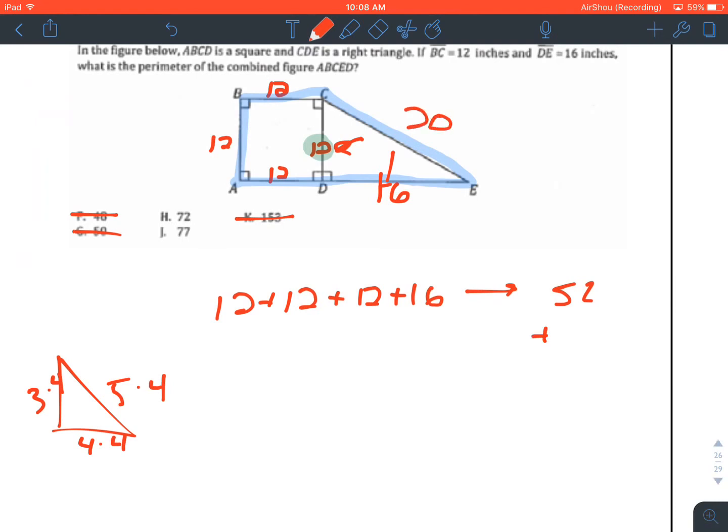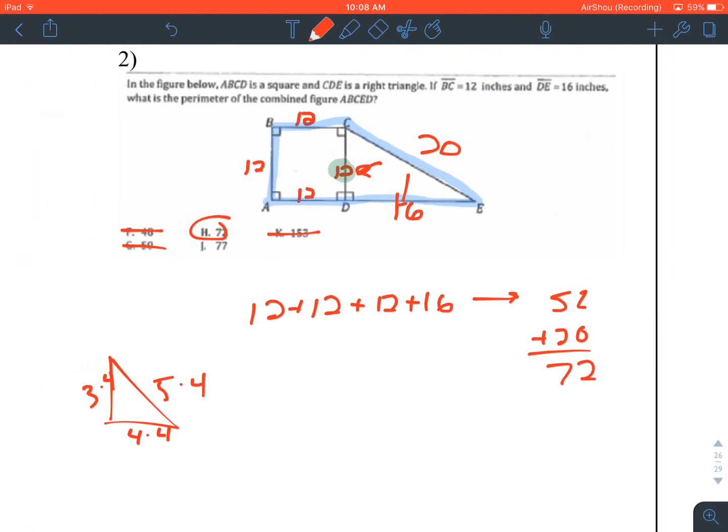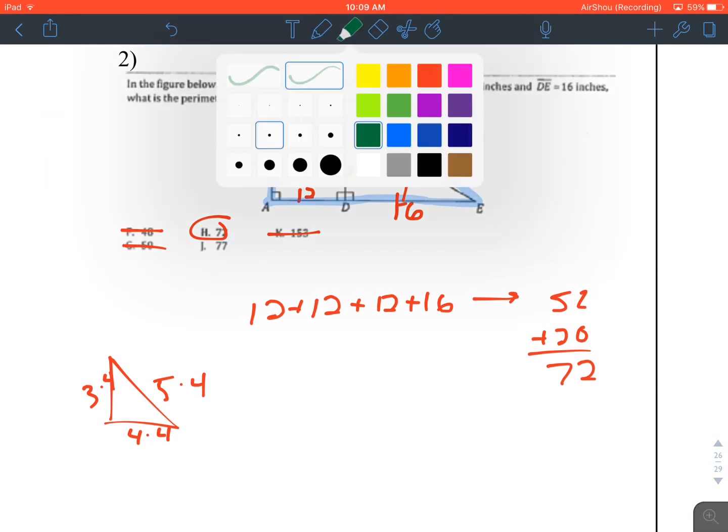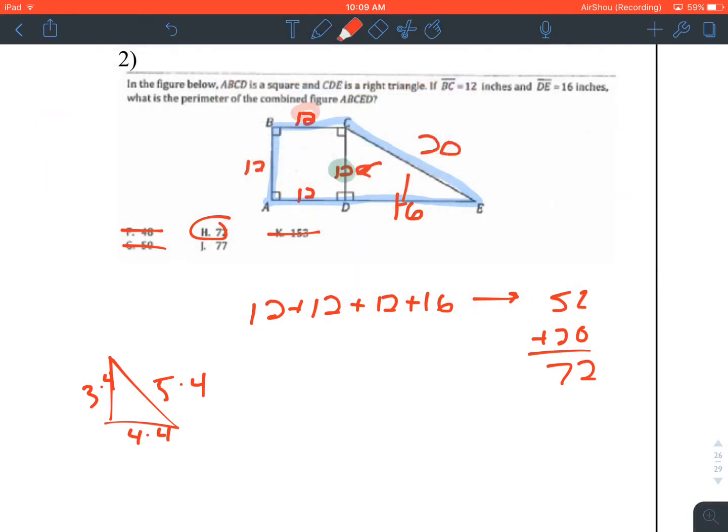So that means this is 72. To sum up, we knew that each of these sides were 12. We were told this was 16. To find this is 20, use either the Pythagorean theorem or special right triangles. Add up all those numbers, you get 72.